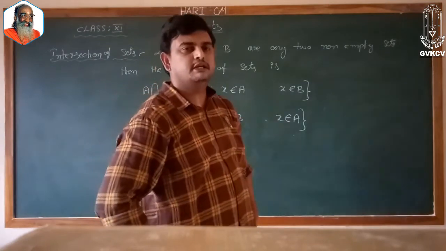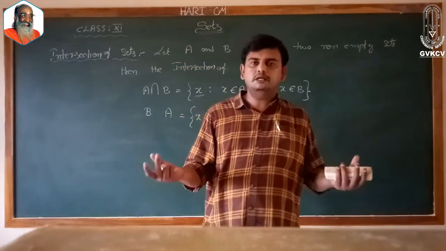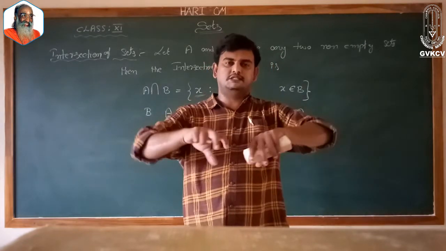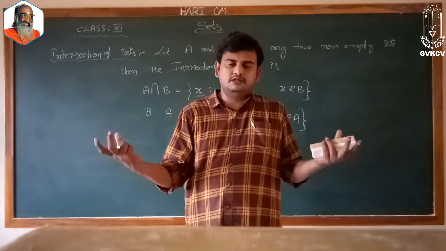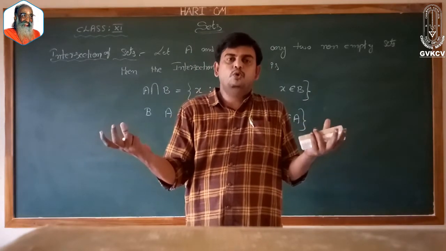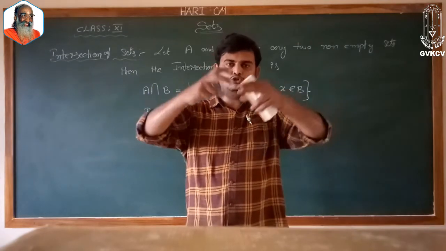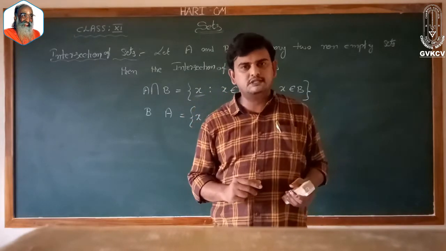What is the meaning of intersection? Intersection means we are going to collect the common elements which are present in both the sets. In set A we have some elements, in set B we have some elements. In these two sets we may have common elements. Collecting those common elements is called intersection of sets.